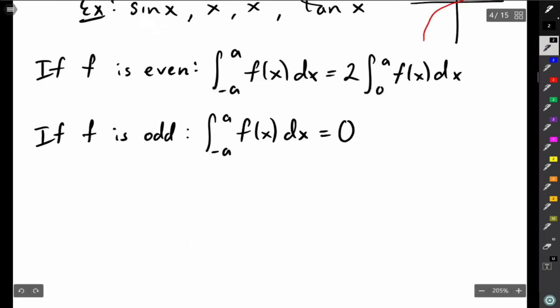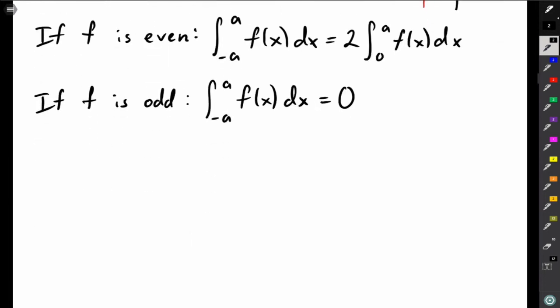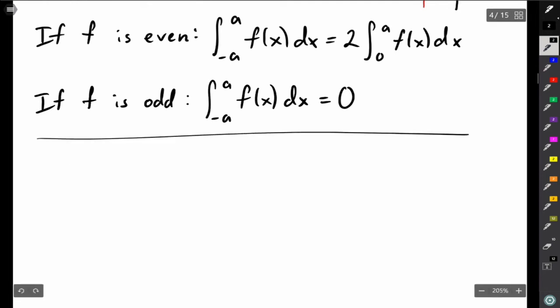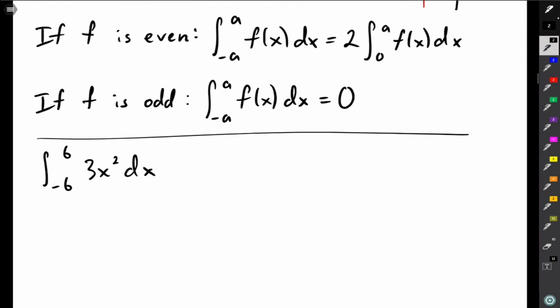Just a couple quick examples of what that would look like. Let's say we did something like the integral from minus 6 to 6 of 3x squared dx. To verify whether something's even or odd, we just swap x for minus x.